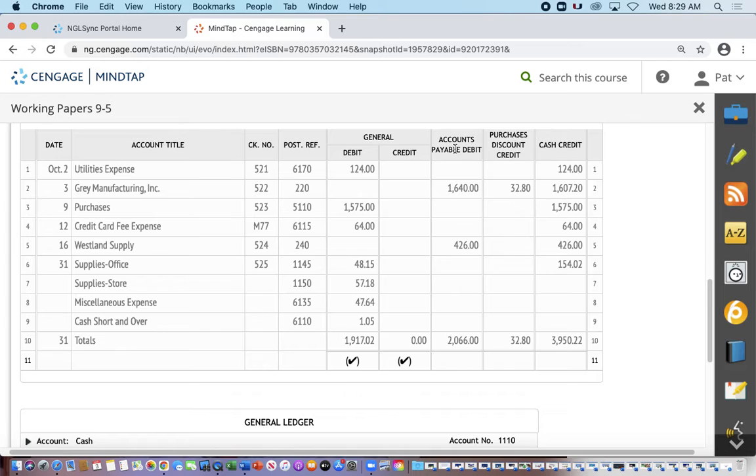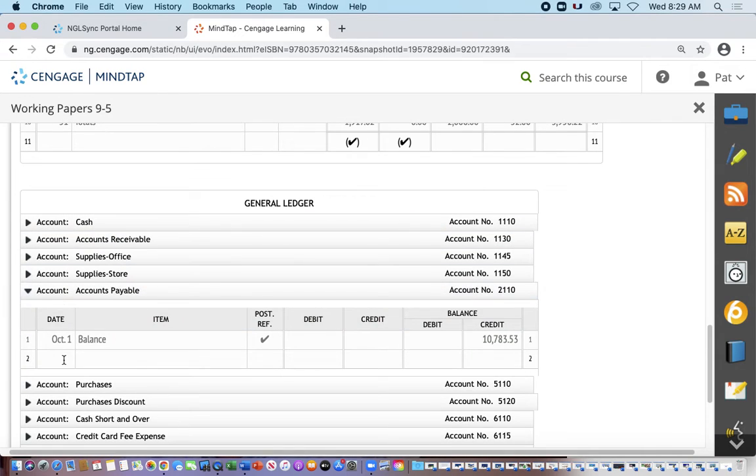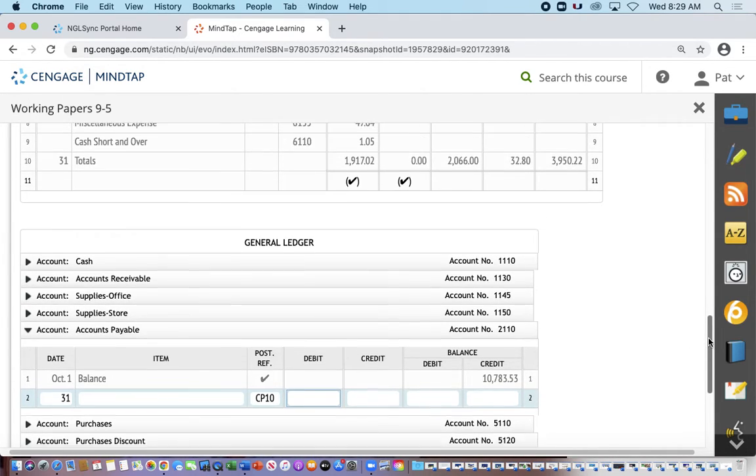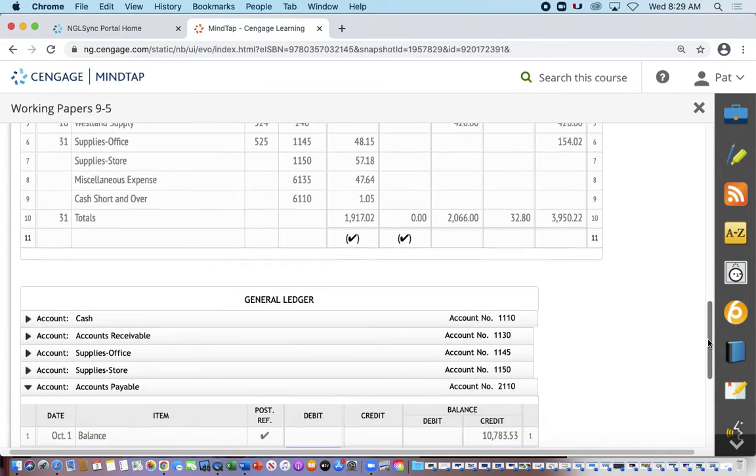You guys understand that? Because there is no account general. We are now going to post accounts payable. So we're going to post 2,066 to accounts payable. So we go down to accounts payable on the 31st, CP10. And when you're doing accounts payable, you have to make sure it says debit, right? We paid these bills off.